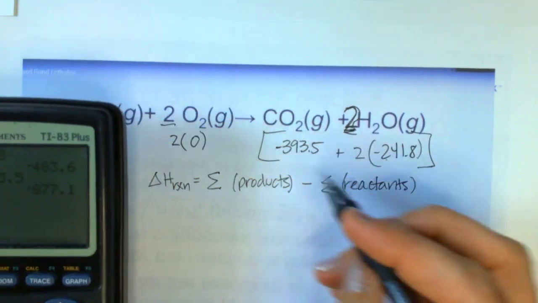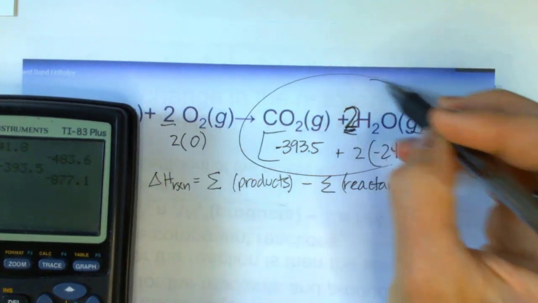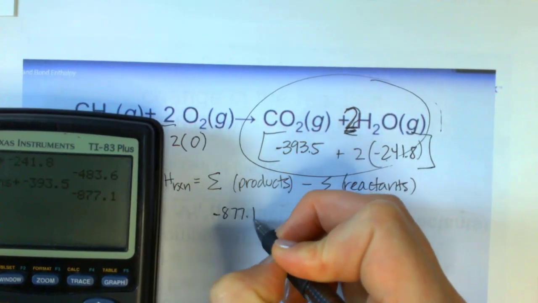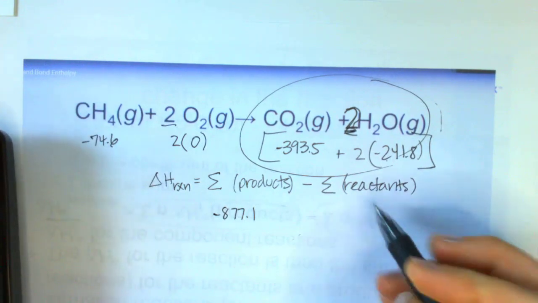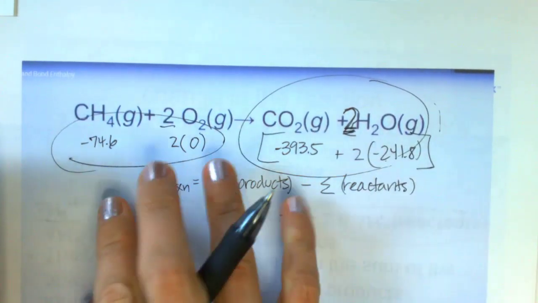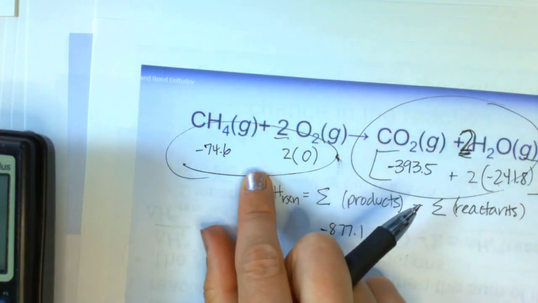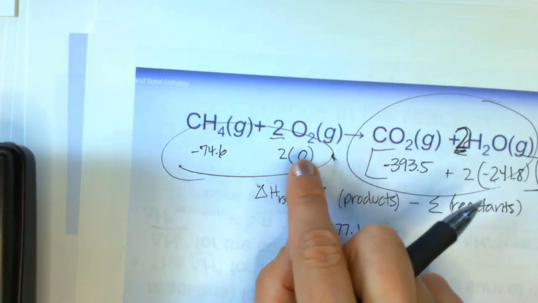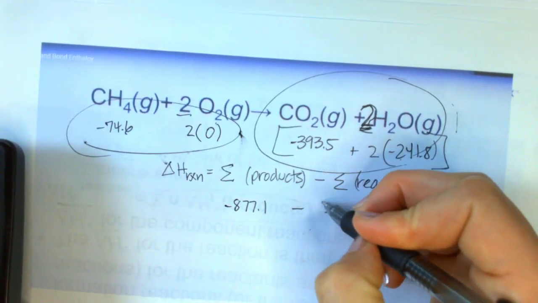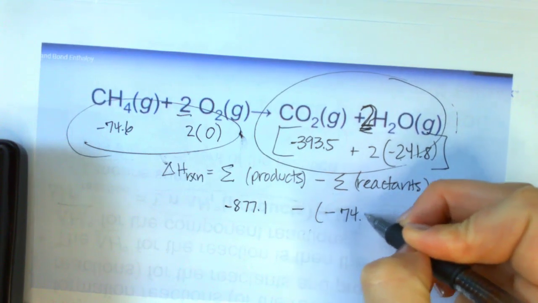So for my products, the right side of the equation, I got negative 877.1. And then I'm going to subtract my reactants sum. And again, 2 times 0 is 0. So my reactants is negative 74.6.